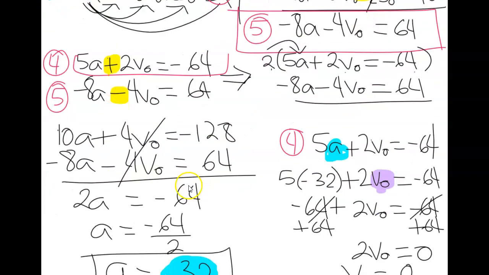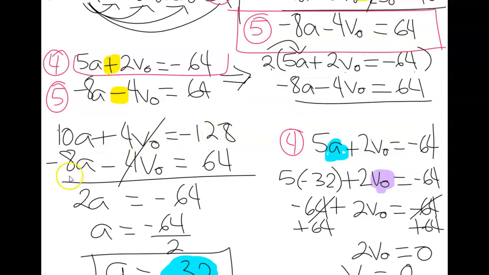And what we did after that, oh my gosh, I know what I did. No, not really. Okay, let's see. So we wanted to have a positive 4 for v sub 0, so we decided to multiply by 2. So then we should have gotten 10a, and then 4, and then 2 times negative 64 is negative 128.